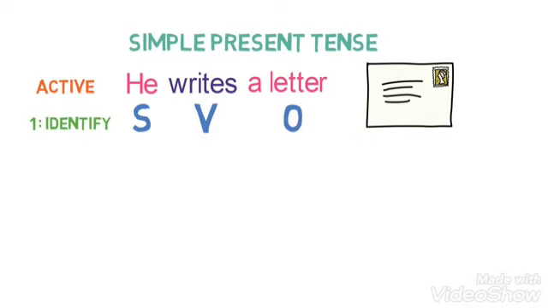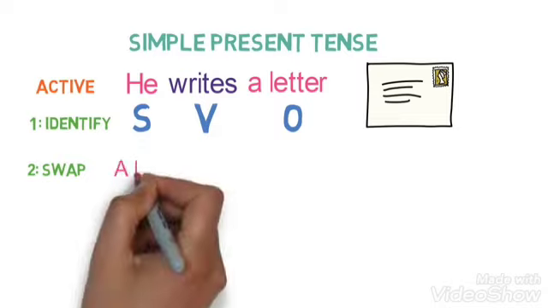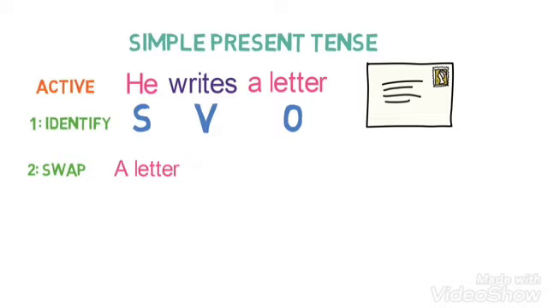Add helping verb. The fifth one is add preposition. When you follow these 5 steps, the sentence comes out like this. The active sentence is "He writes a letter."